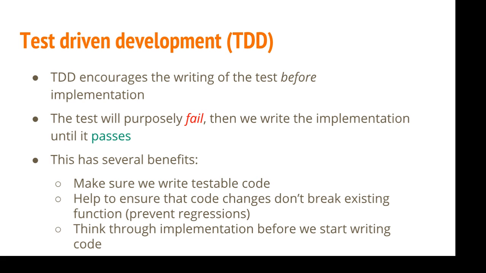So regressions look really bad, and every team I've ever worked on, one of our targets to measure our success as a developer on that team was how many regressions our team introduced and how good we were at reducing the number of regressions from release to release, because you don't want to put working code out and then break it. That makes people really unhappy. So we want to prevent regression.